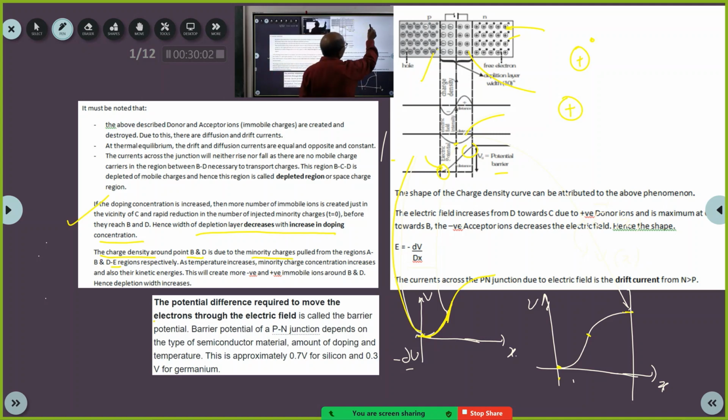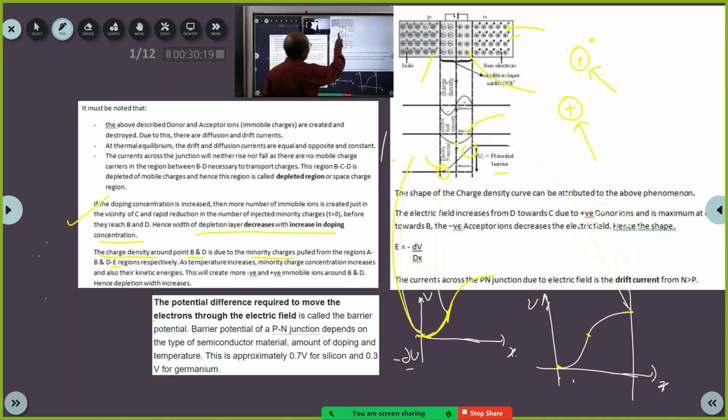This plus with the ring means it still has an electron, so this atom is still a carrier. But this becomes an ion which is not a carrier, and therefore I am designating it as an immobile charge carrier. Agreed?